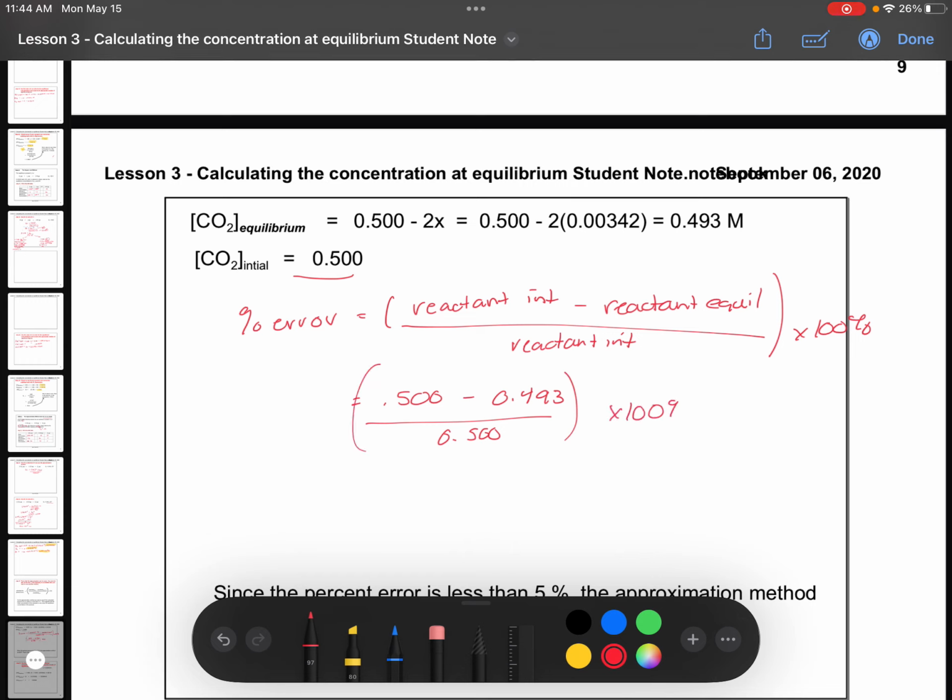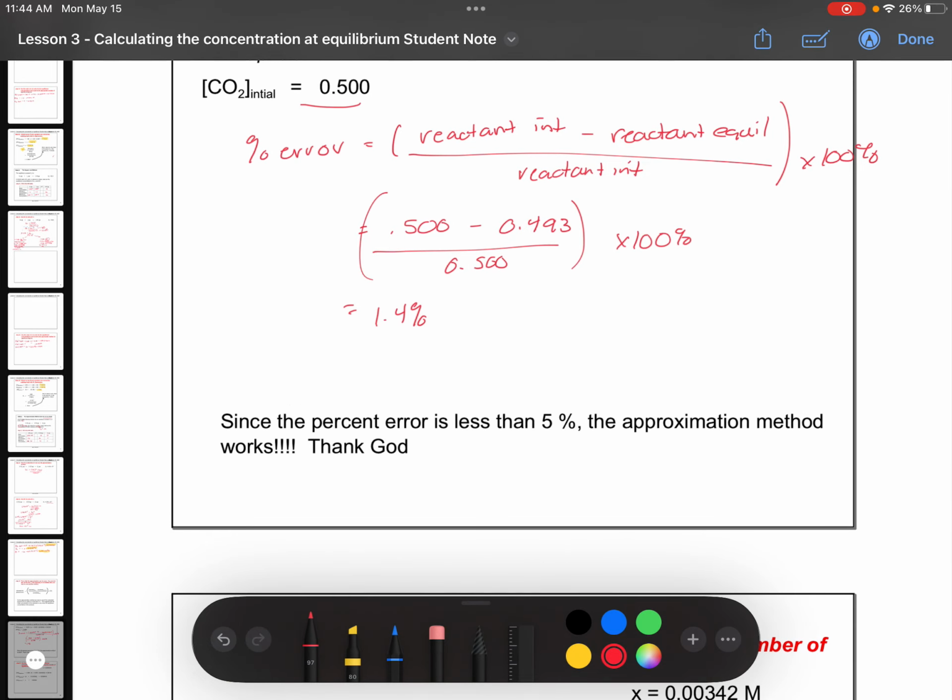So we're going to take 0.500 minus 0.493 divided by 0.500, all times 100, which is going to be 1.4%. So therefore, it is less than 5.